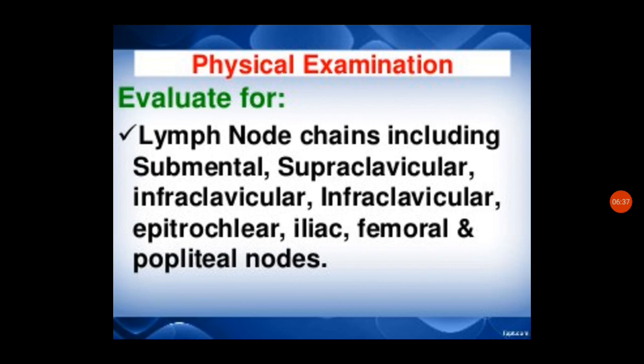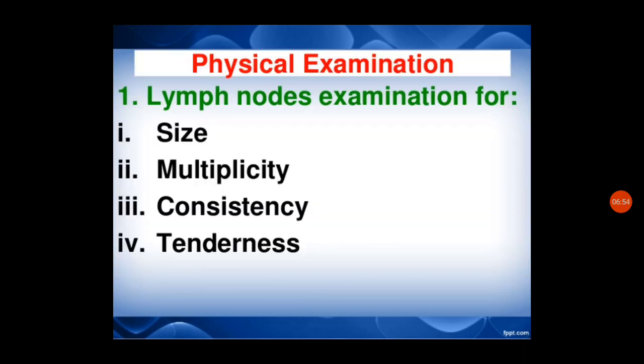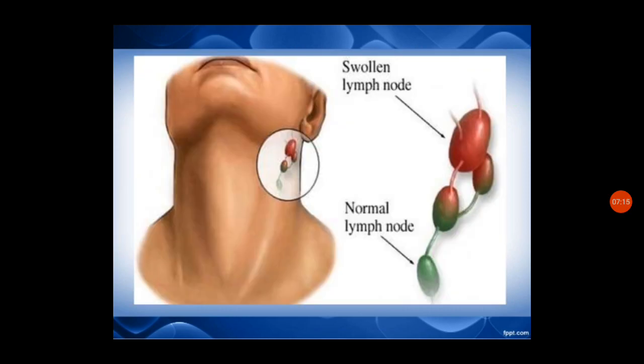So we have to examine the different lymph nodes for enlargement, palpating the different areas for masses or lymphadenopathy. Then we examine the lymph nodes for size, multiplicity, the number of lymph nodes, and consistency, and whether there is any tenderness. All of these things we have to examine in the lymph nodes. So these are the appearance of swollen lymph nodes and the normal lymph node.